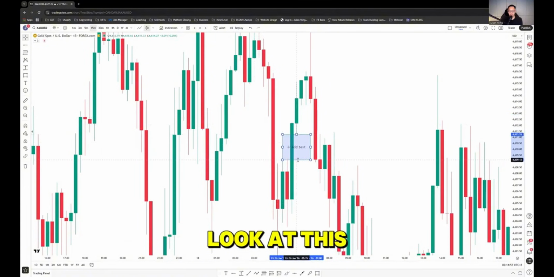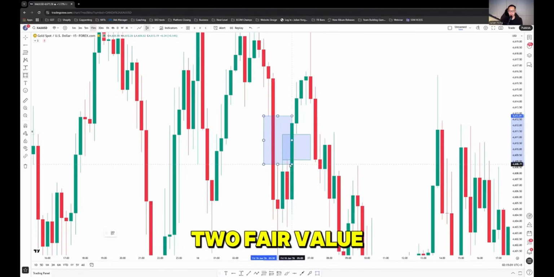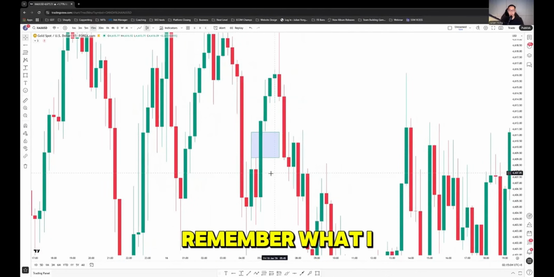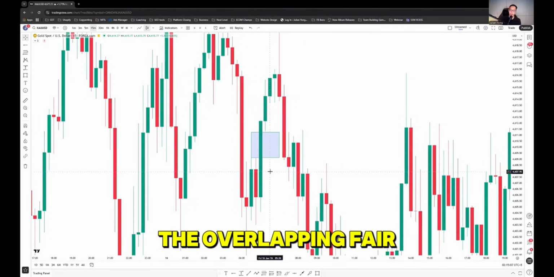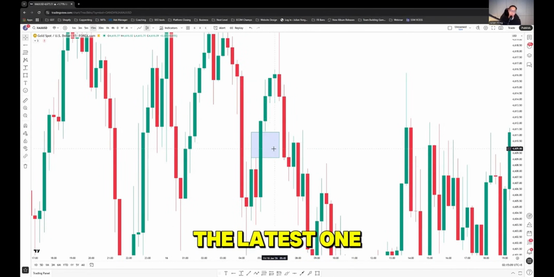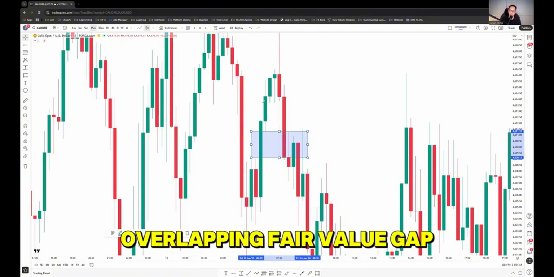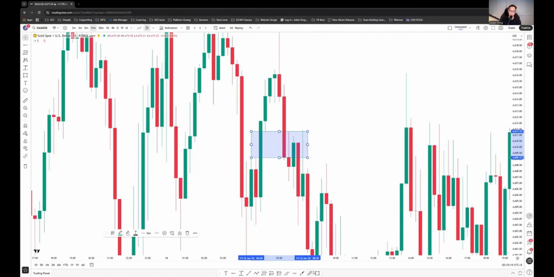Look at this. Again, we call this a balanced price range because there are two fair value gaps that are overlapping each other. So remember what I said about the overlapping fair value gaps. The latest one would always win. So when this fair value gap gets created, notice how there's overlapping fair value gaps as well.